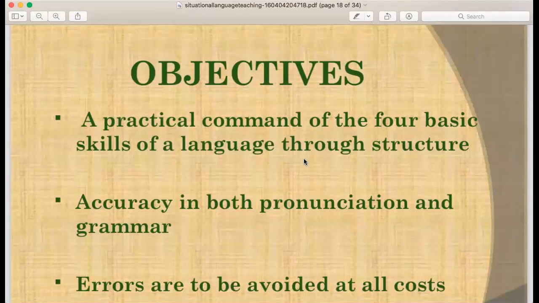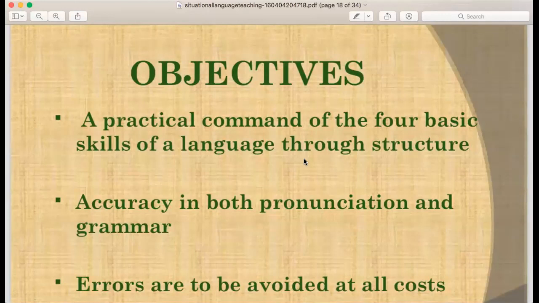Now, when we say that it's an oral approach, that is, the speaking skills would be developed. That means there is a need for accuracy in pronunciation.